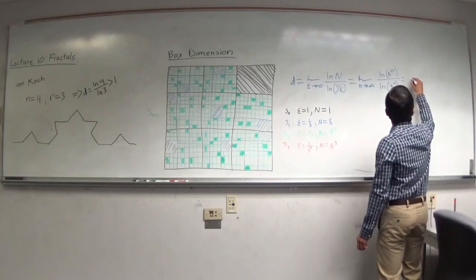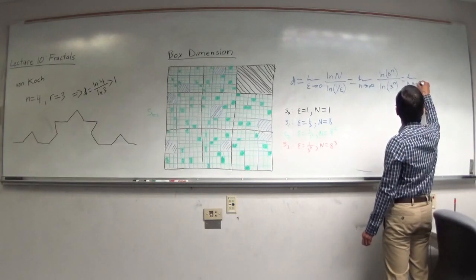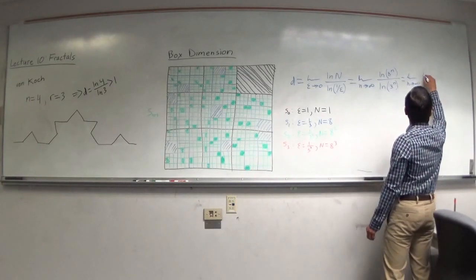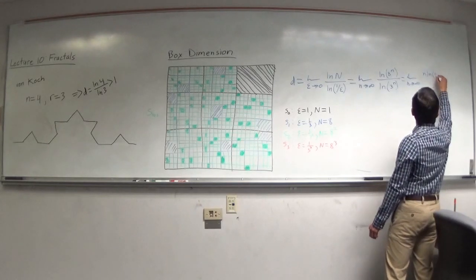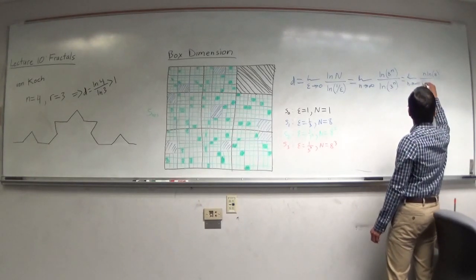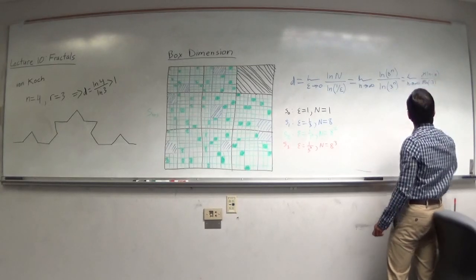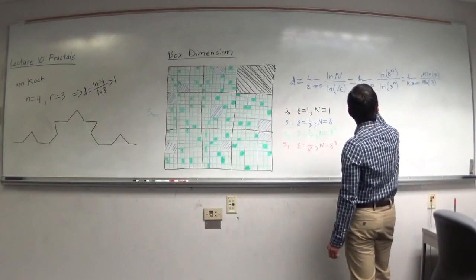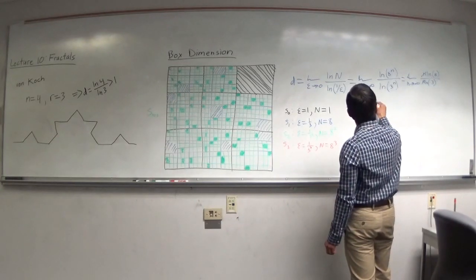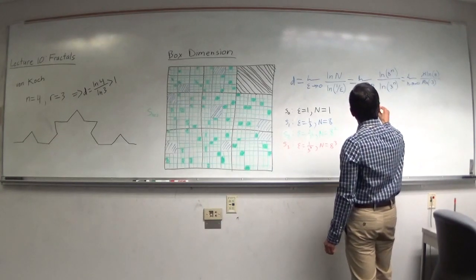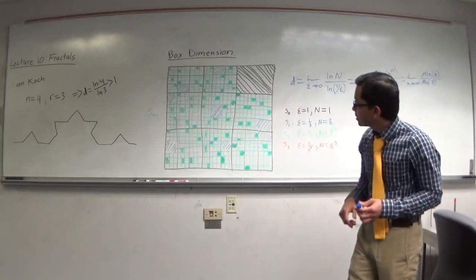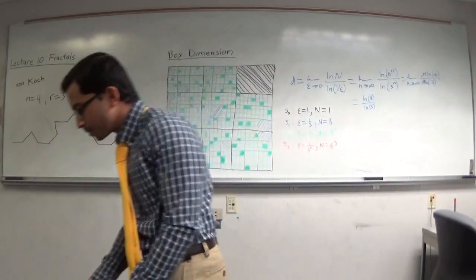But then this is just the limit as n goes to infinity of n ln 8 over n ln 3. So the n's cross out, and we get that the box dimension is just ln 8 over ln 3. So that's how you calculate the box dimension.